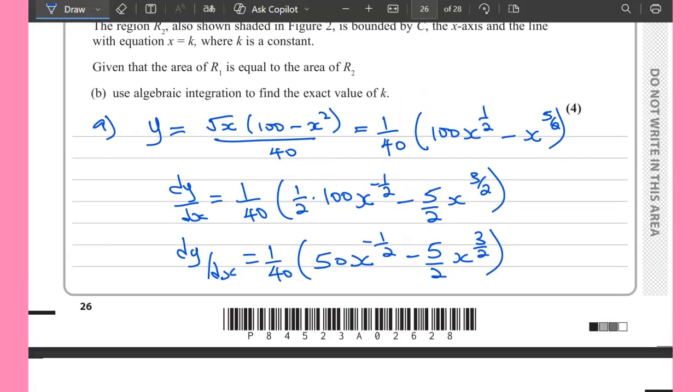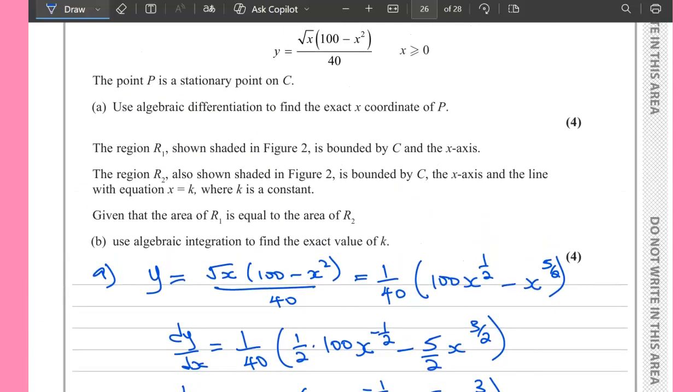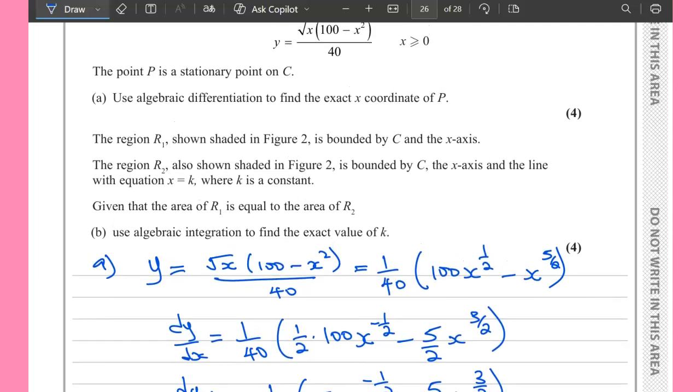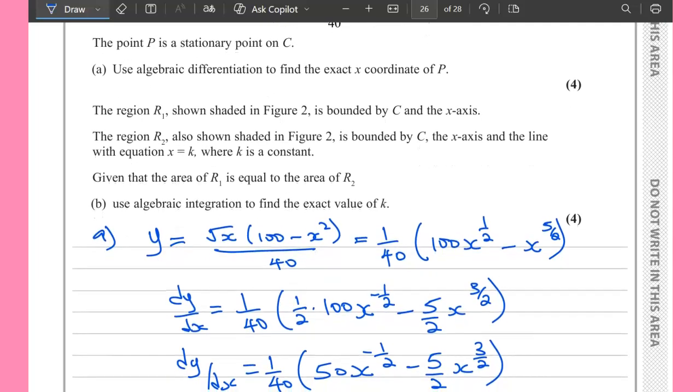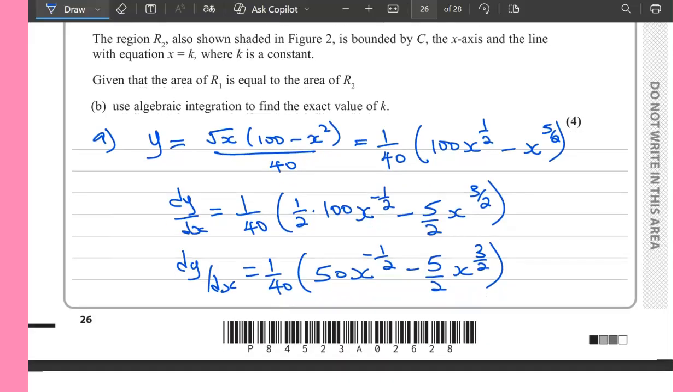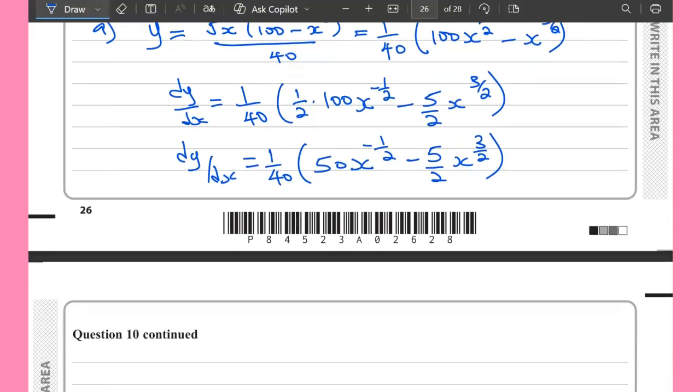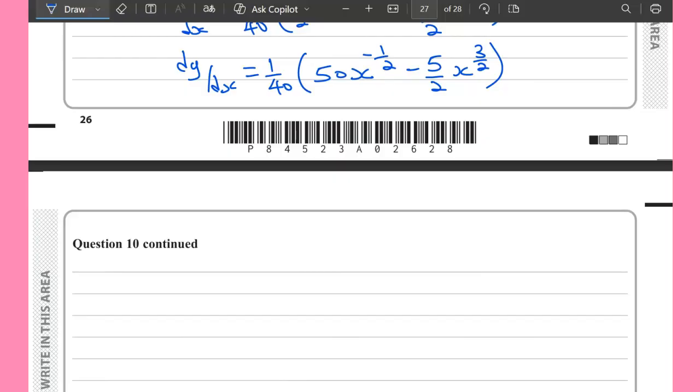And remember, you are given that the point P is a stationary point on C, and we know that at a stationary point the gradient function is equal to 0. So at stationary point P, dy/dx is equivalent to 0.